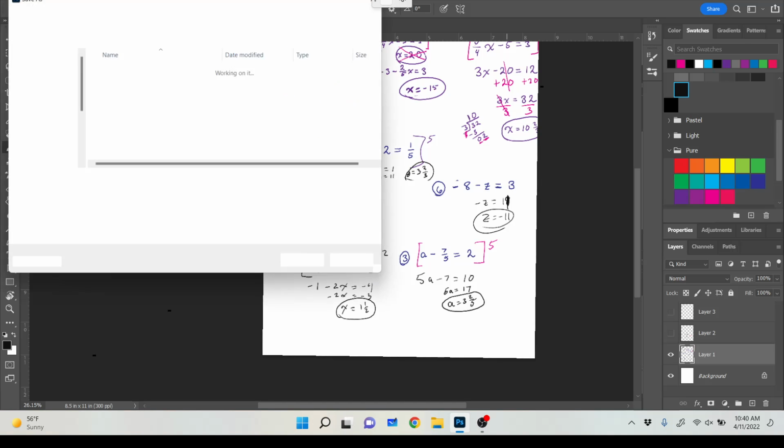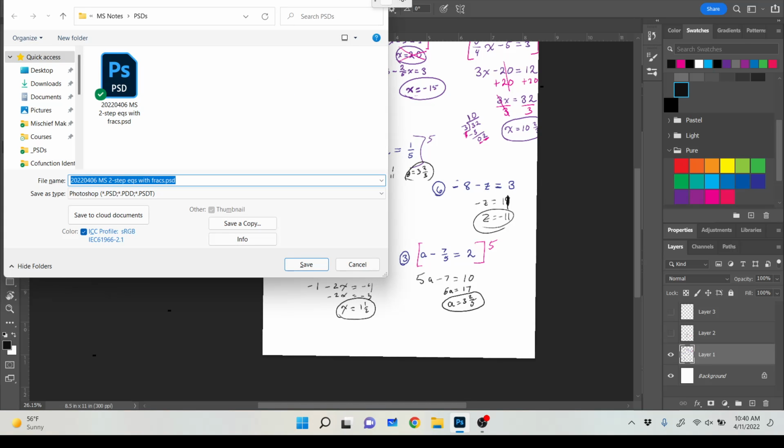Control Shift S. What is today? The 11th? 04 11 dash middle school dash two-step equations, which is what we're going to start practicing today.